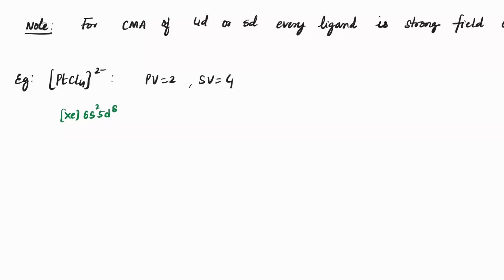That is platinum's original configuration. Now if it becomes platinum 2 plus, that will be xenon, 6s0 and 5d8. This is the configuration.